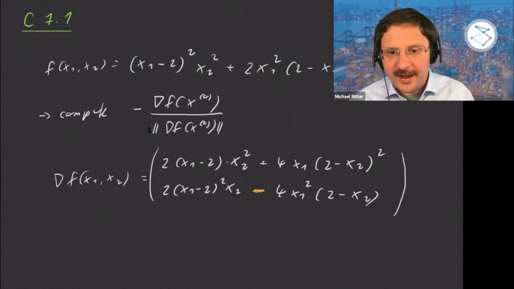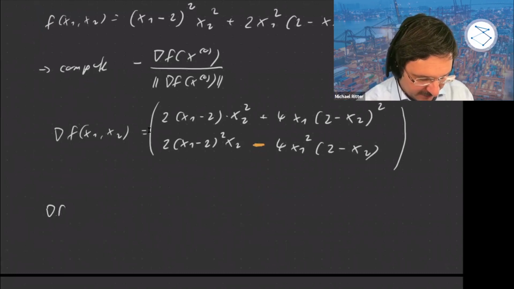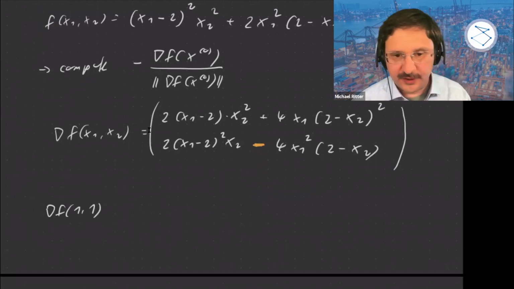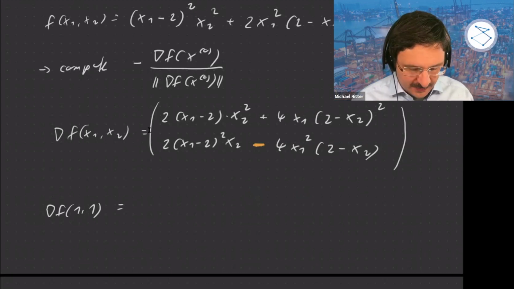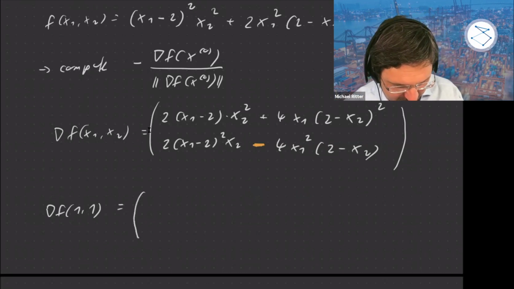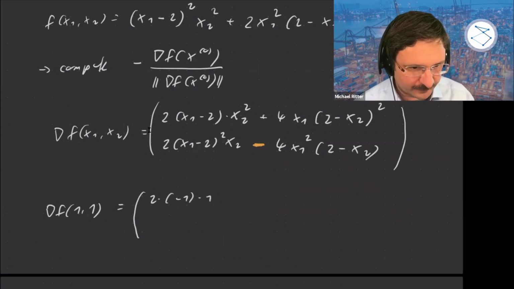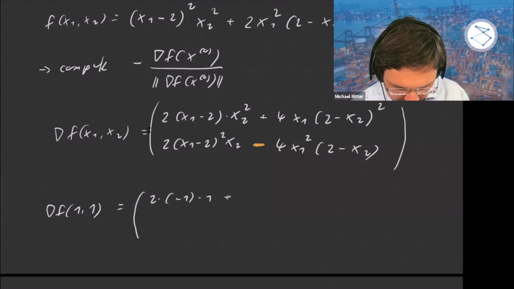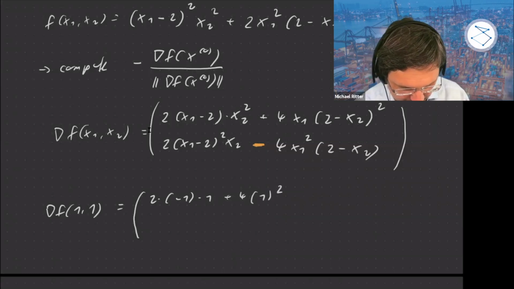And now, of course, at the point x0 is 1, 1. We get the gradient by just substituting 1 for both x1 and x2. And if we do that, we get, let's see, 2 times -1 times 1 plus 4 times 1 squared.